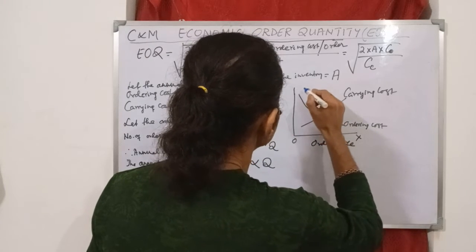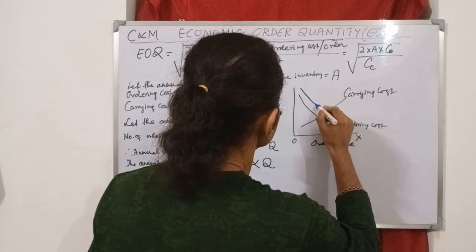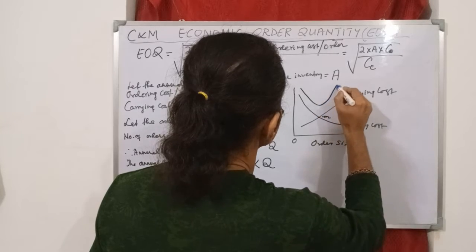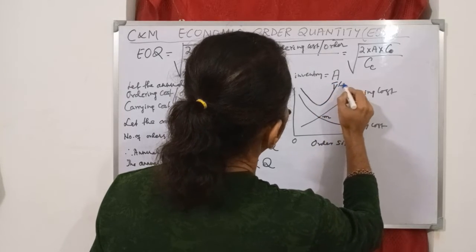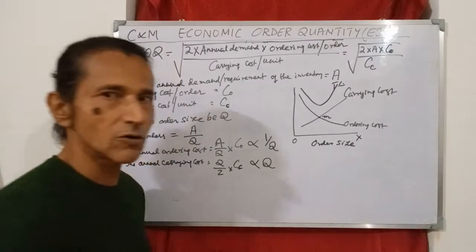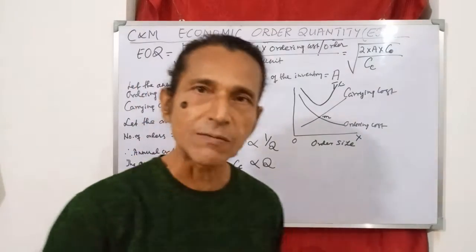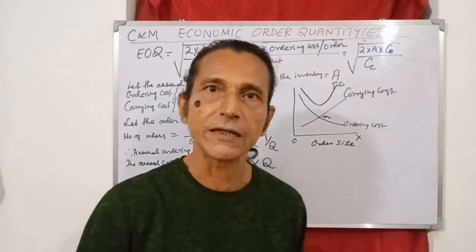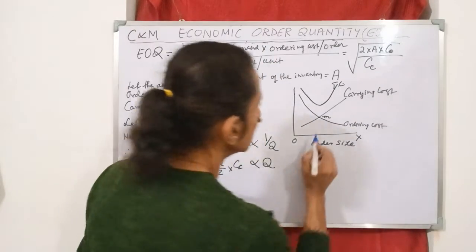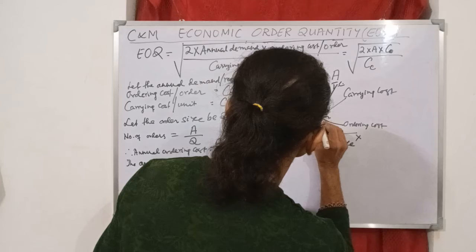Now look at the total cost curve. This is the total inventory cost curve, that is ordering cost plus carrying cost. Now look carefully.